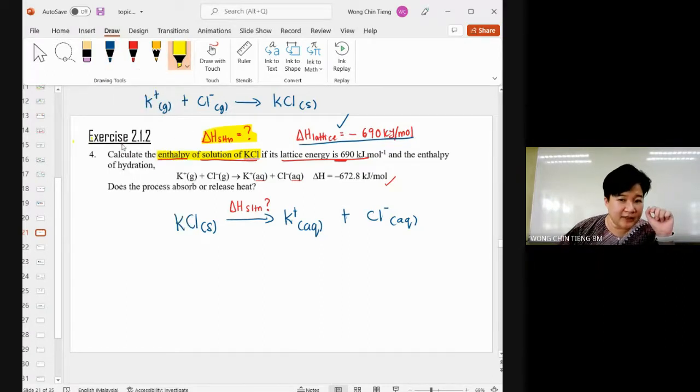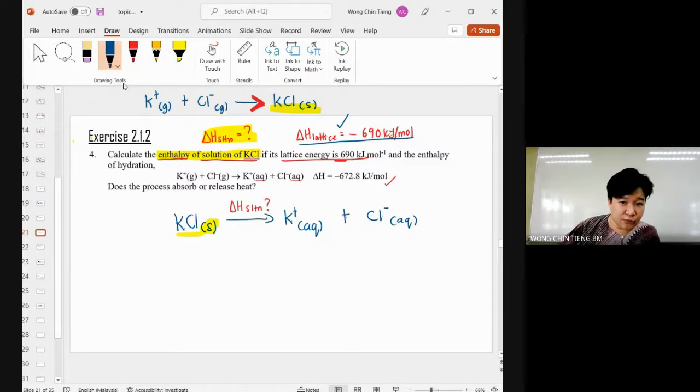Kita tengok saya ada KCl solid. Nampak? Dalam lattice energy pun ada KCl solid. Agree? Dan kita tak boleh repeat KCl solid dua kali. So we are going to use this KCl solid and pay very close attention to the arrow. The arrow of the lattice energy menuju ke KCl solid.